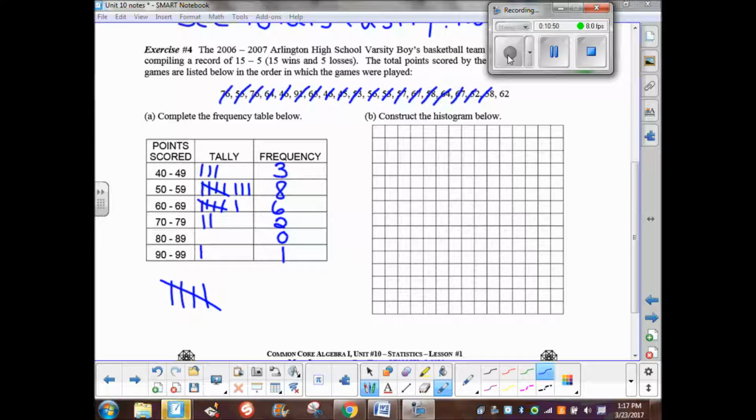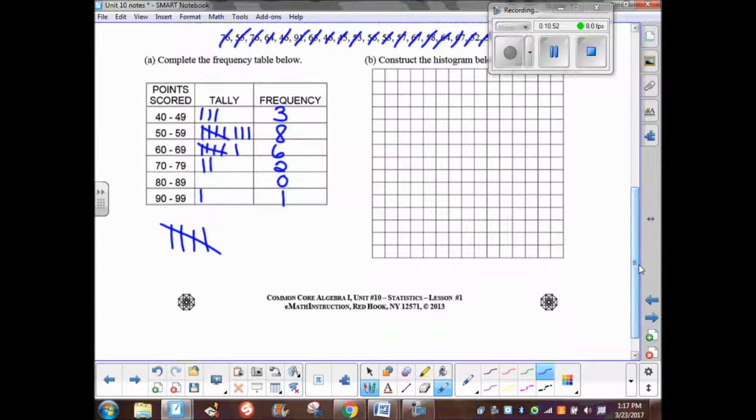Now to construct a histogram, we're always going to put our intervals down on the x-axis, and our frequency along the y-axis. We're going to put 0 in the corner. There weren't any games between 0 and 39 points, so to take that into account, we're going to put a break in the graph.